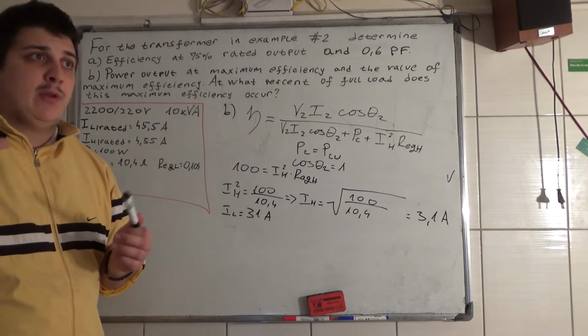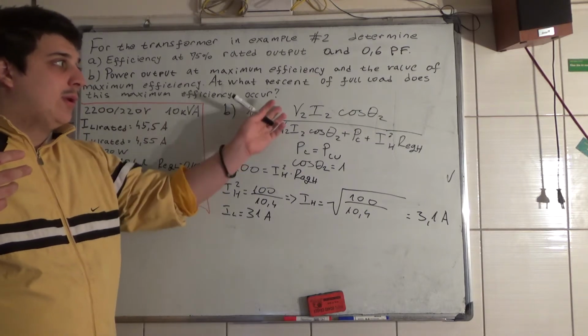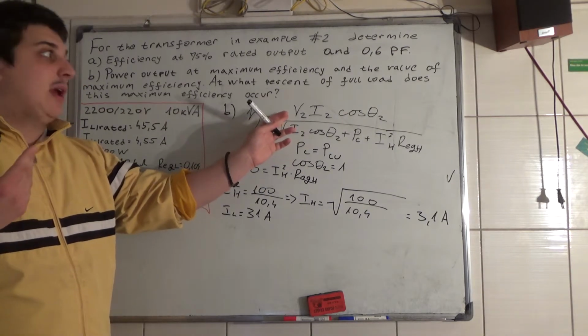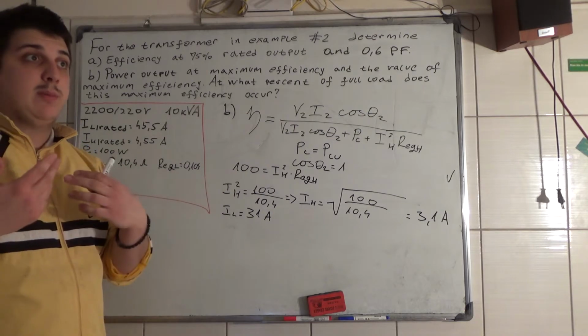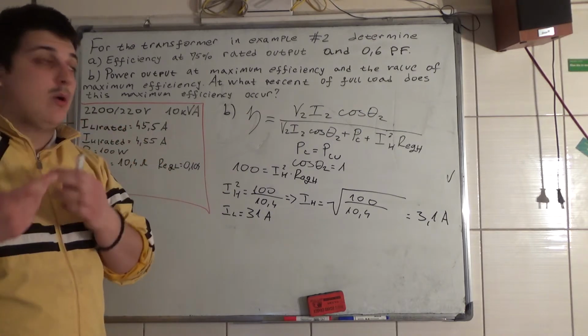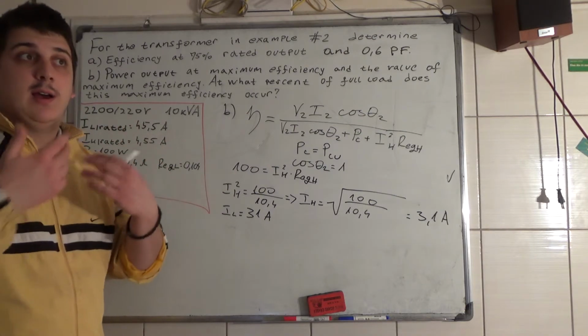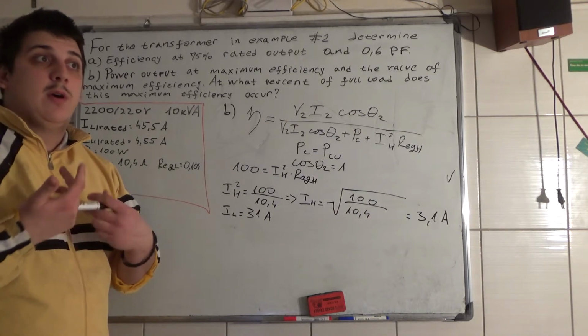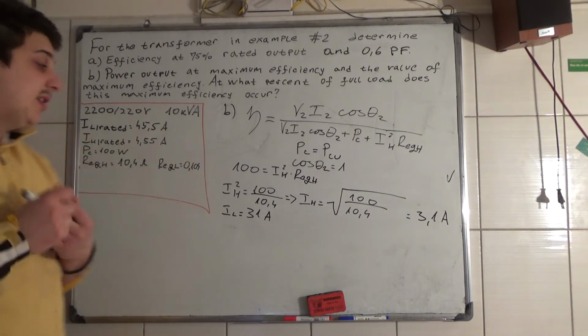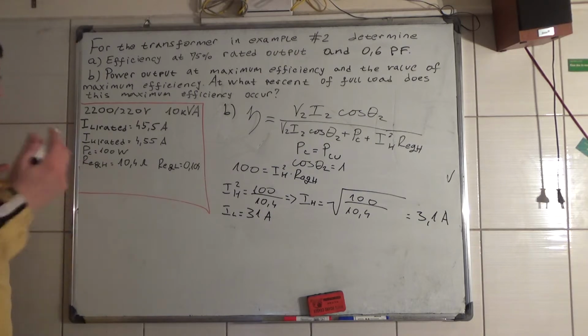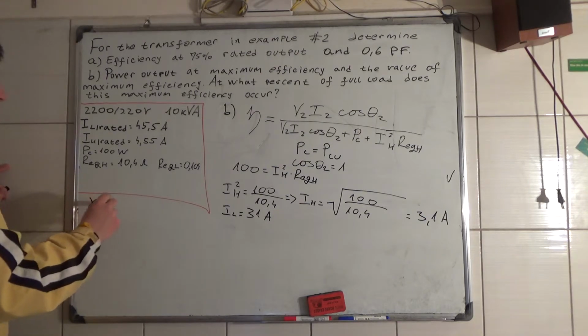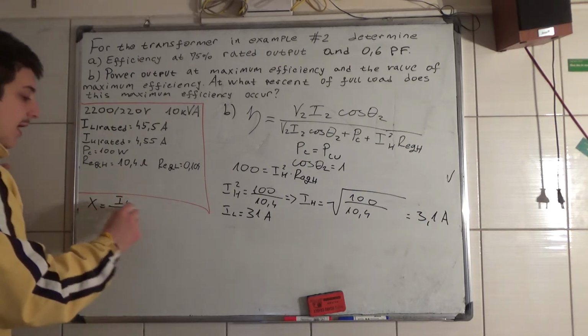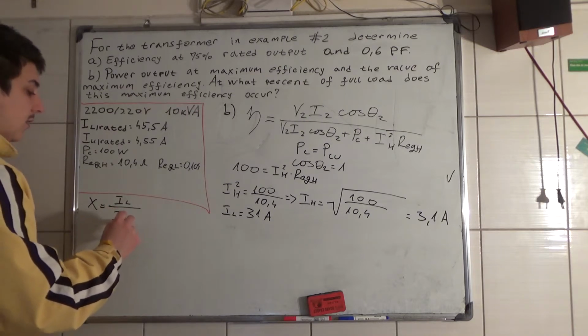What I was thinking about is what I will multiply this by. Well, I'm not going to multiply it by any number. We can now calculate the per unit load. Well, that is easy. The per unit load, X, is equal to IL divided by IL rated.